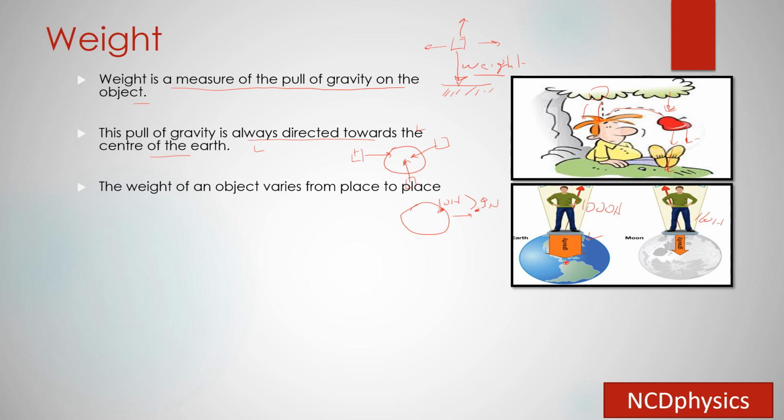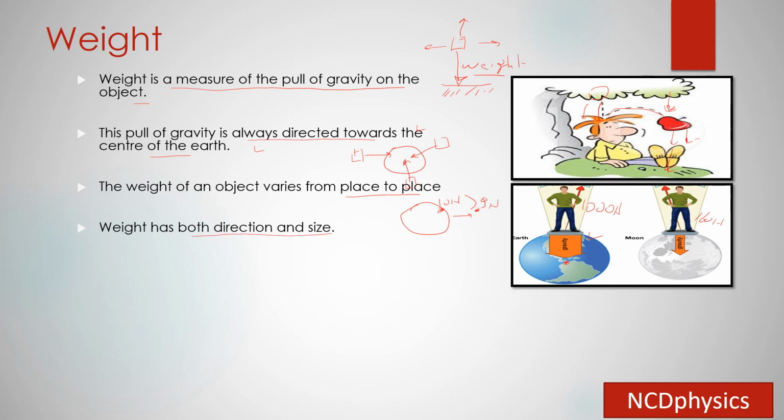Okay, you see it is less than the weight on the surface of the earth. So that's why the weight of the object changes from place to place.